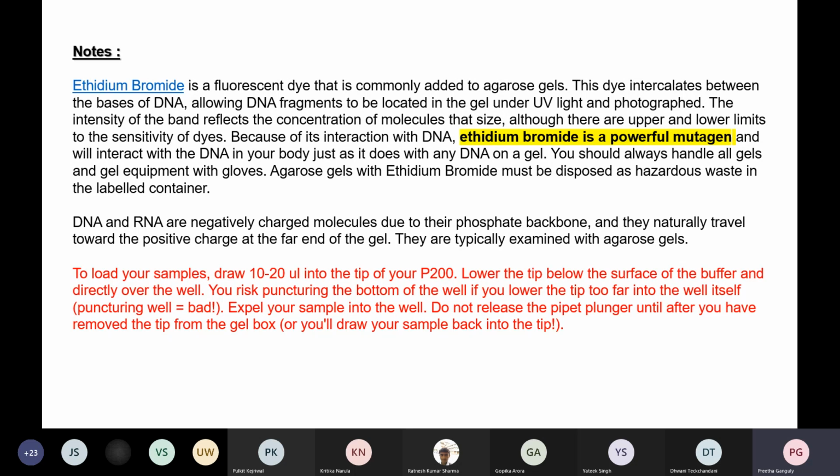It is a powerful mutagen, so it can cause mutagenesis in our body. So we should handle the gel and ethidium bromide very carefully, and we should wear gloves before doing this type of experiments. And after the experiment is over, the agarose gel with ethidium bromide should be disposed as hazardous waste very carefully.